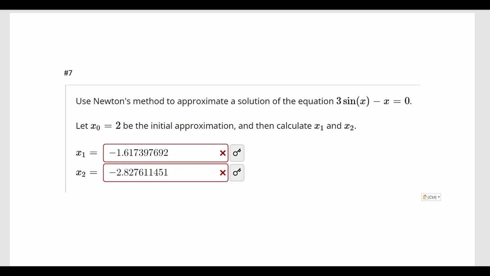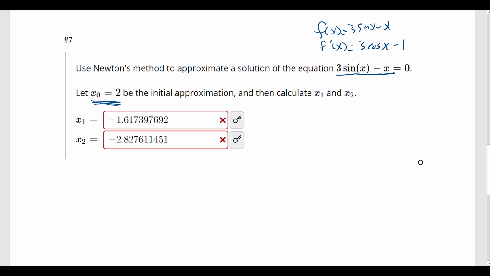Okay, for this one, it says use Newton's method to approximate the solution of the equation 3 sine of x minus x equals 0, and we're going to start off with 2 as our initial value. So our f of x is 3 sine of x minus x, and our derivative f prime of x is 3 cosine of x minus 1.